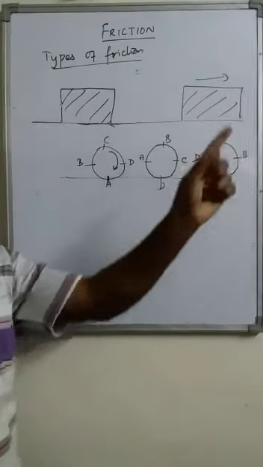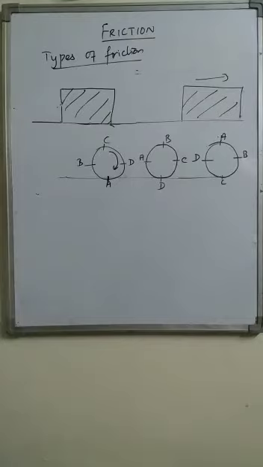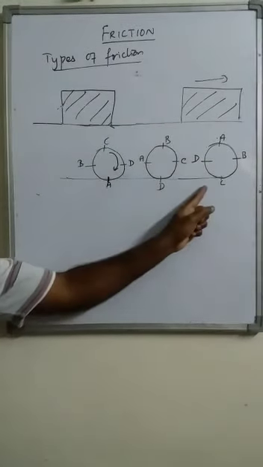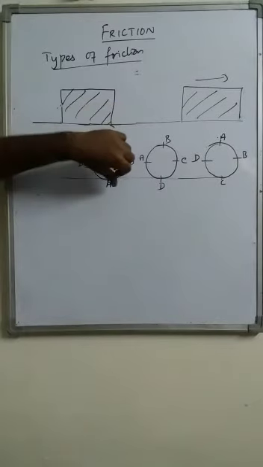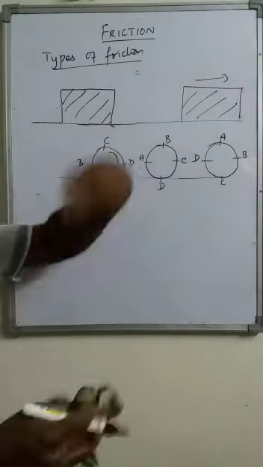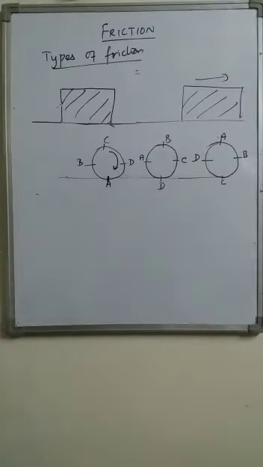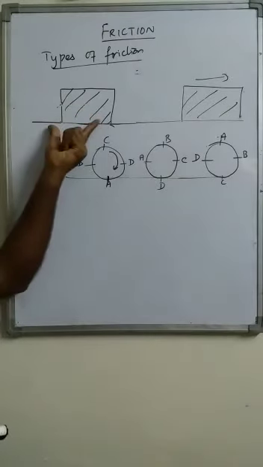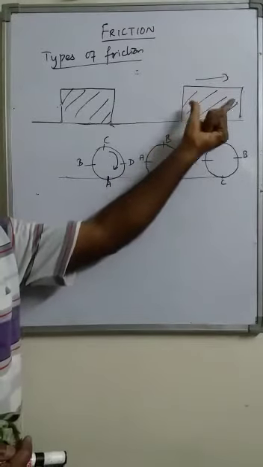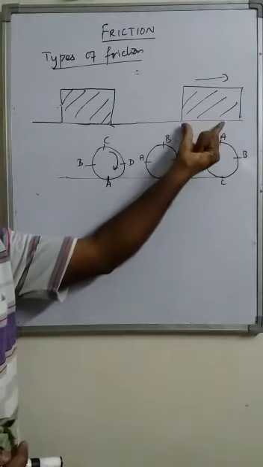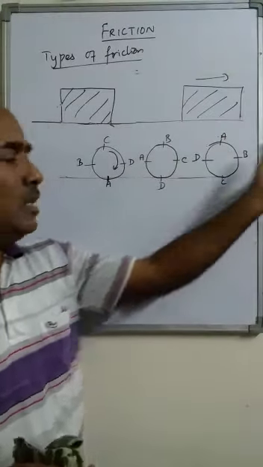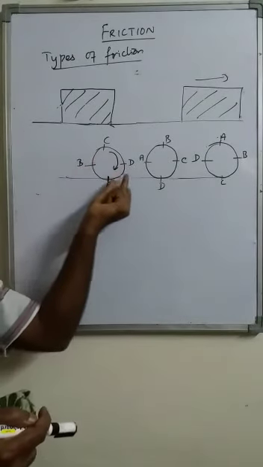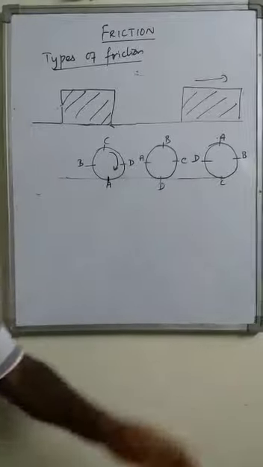As the ball rolls on the ground continuously, we find the ground surface and the surface on the ball both are changing continuously. In the static case, it is the same surface at the same place. In sliding, the same surface of the block changes on the ground. Here, the ground surface and the ball surface both are changing continuously.